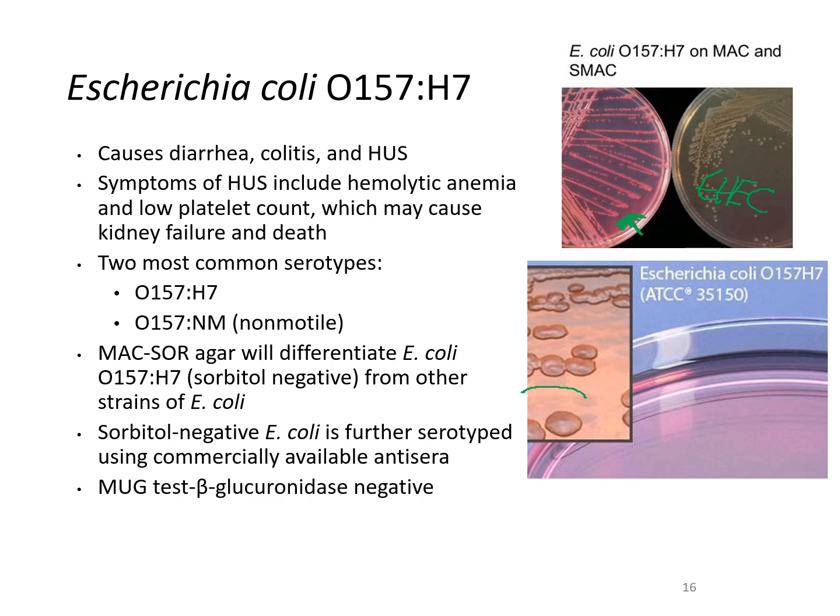And so you can see down here at the bottom where those colonies don't have that bright red, pink, magenta color. So if you were to have a sorbitol negative E. coli, that would be a presumptive that you are dealing with an EHEC.